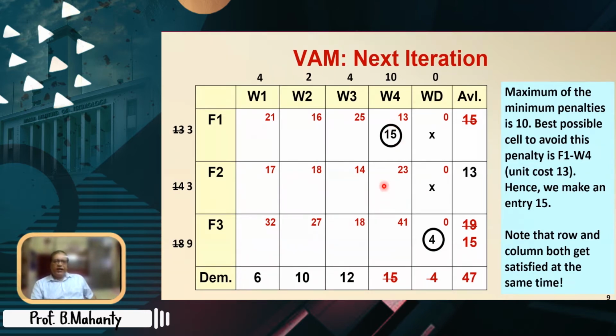you are going to get. Now, once you enter a 15 here, and if you cross out both row and column, you are going to miss at least one row or one column. So what is going to happen? You will be able to fill up this table not with 7, but with 6 only. Right?